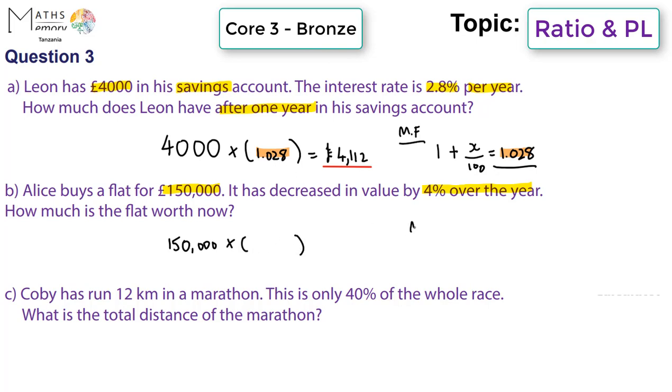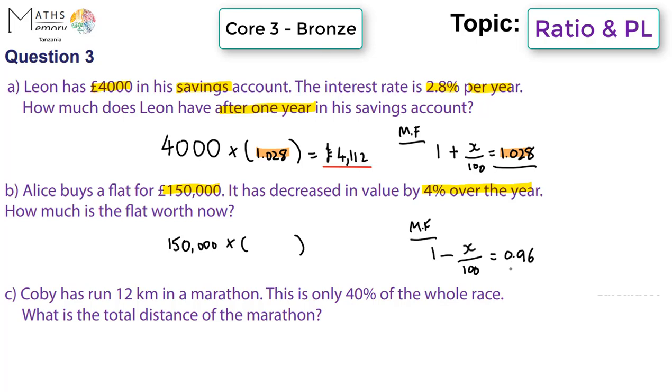Now, let's do MF, which stands for multiplying factor once again. We'll do 1 take away x over 100. So in this case, x is 4%. So 4 divided by 100 is 0.04. That's your decimal version. 1 take away 0.04 will be 0.96. So it's very important you take it away from 1 this time instead of adding it, okay?